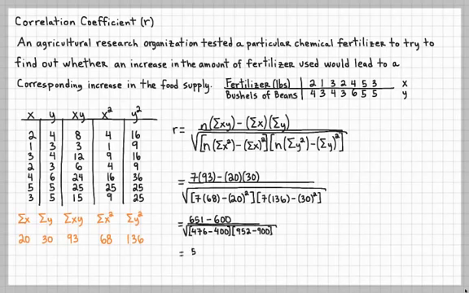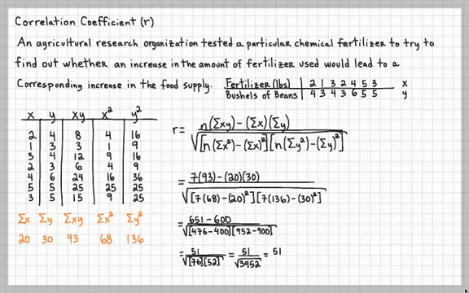So the next step will be 651 take away 600. That's going to give you 51, divided by 476 take away 400, which gives you 76. Don't forget the bracket. 952 take away 900 gives you 52. Close the bracket. Don't forget the square root. All right, let's rewrite. 51 divided by the square root of 76 times 52, which is 3,952.